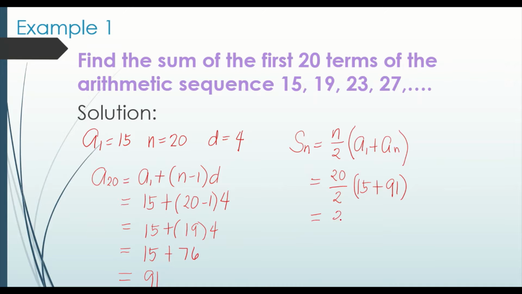So we have 20 over 2 times 15 plus 91, which is 106. Let's divide 20 by 2. So the answer is 10 times 106, and 106 times 10 is equal to 1060. So our S sub 20 is 1060.